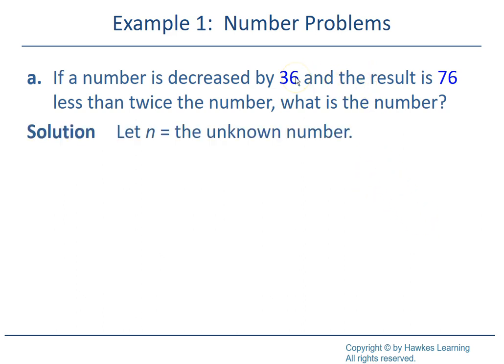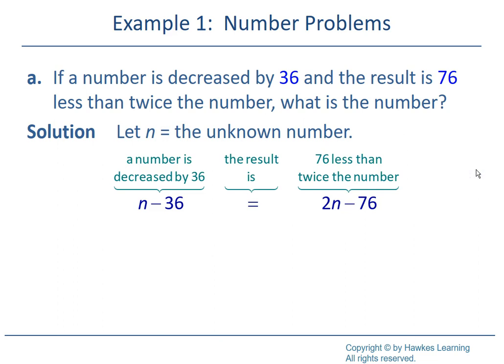So, first of all, what do we decide to be the unknown? That is the variable. We can use the letter X, and I see here they're using the letter N. Let N be the unknown number. So, if a number, that's going to be an N, is decreased by 36, there it is, N minus 36.